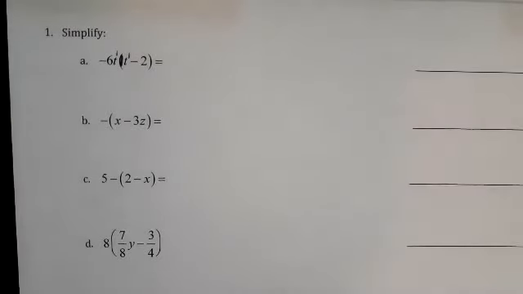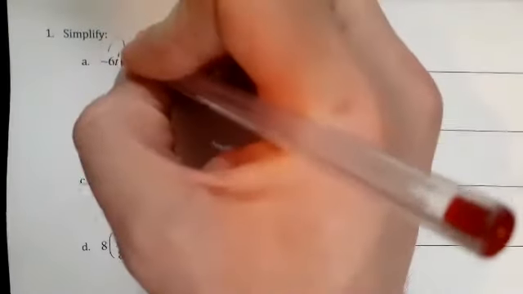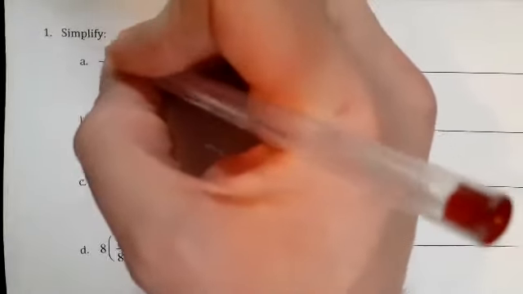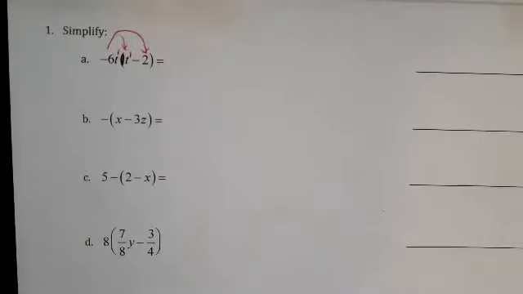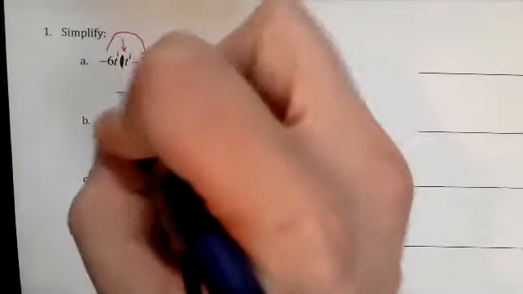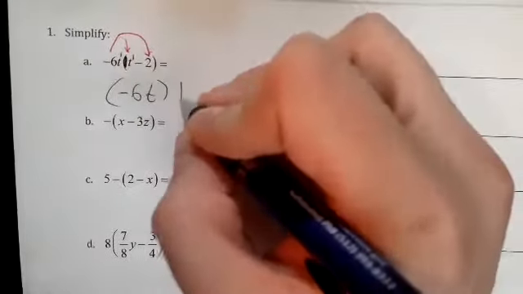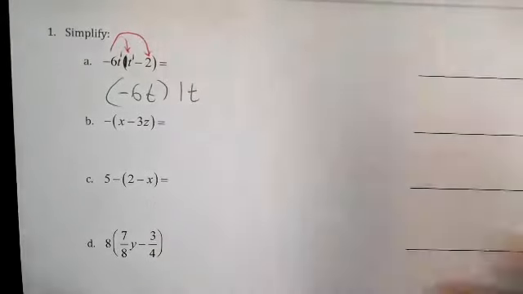And so if we're doing the distribution, if we do minus 6t, the first thing we have to multiply it by is t, and then the next thing is this minus 2. So we're taking a minus 6t, and the first thing I'm multiplying it by is a 1t.